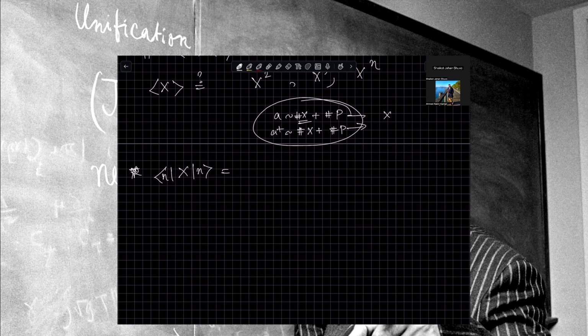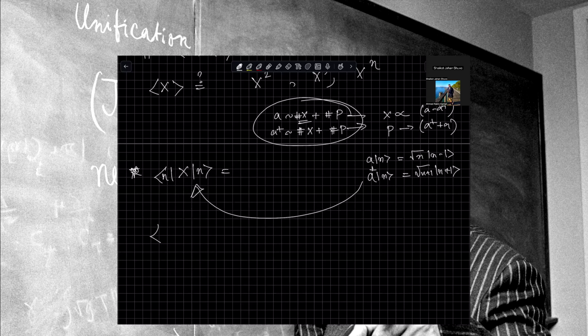If I recall correctly, X should be proportional to A minus A dagger, I guess. There will be numbers like h bar, omega, i, and all that other stuff, and P should be this. Then you can use these identities, plug those in and compute this. Same goes for the momentum.